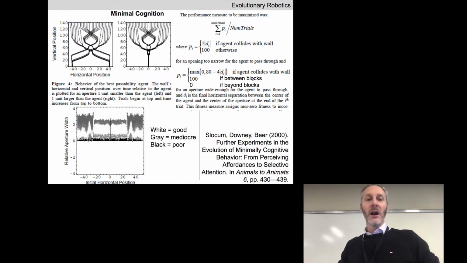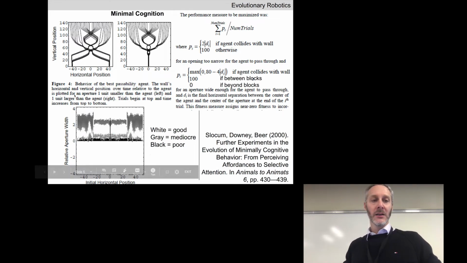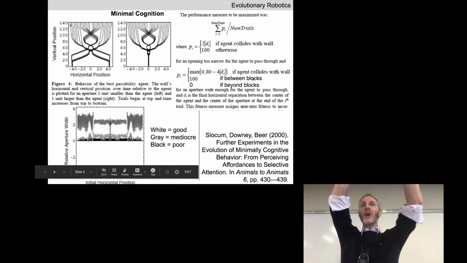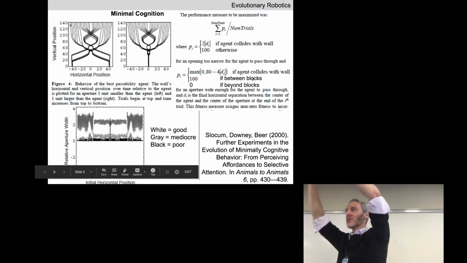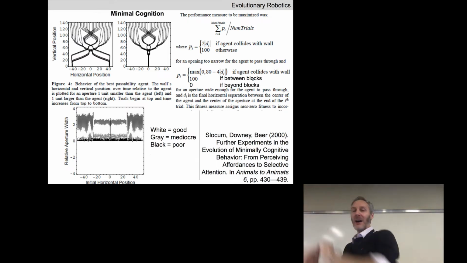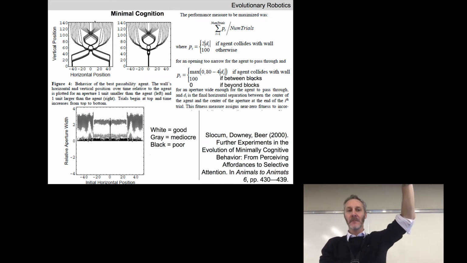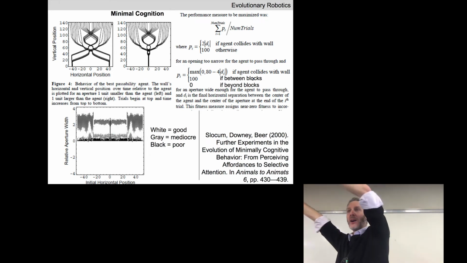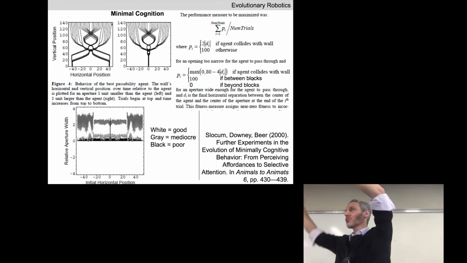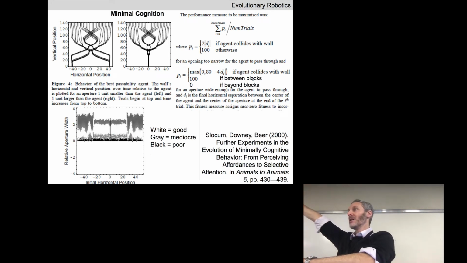Okay, so what they did in the left-hand one here is they dropped object pairs at different horizontal positions at the top of the screen. The first time they dropped it, the object pair was 40 units to the left of the robot, and this object pair was dropped 40 units to the right of the robot at the bottom of the screen.